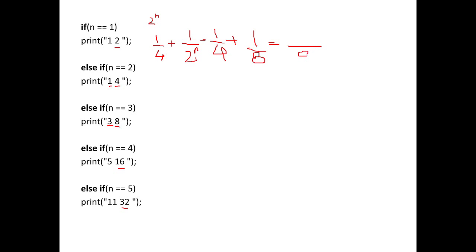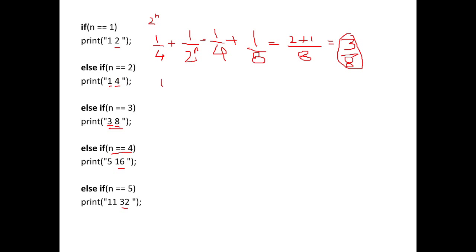Then LCM will be 8, and 2 plus 1, which is 3 by 8. So as you can see that this is the value which we have obtained, and this is the correct value, and now we'll be looking at n equal to 4. So the even number that has occurred before this is 2.